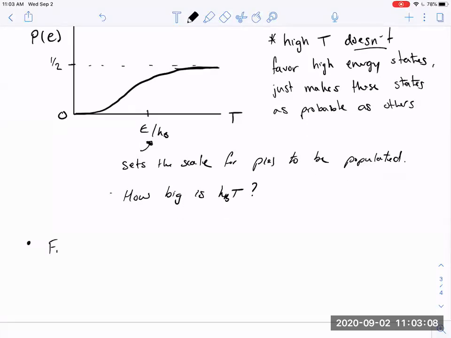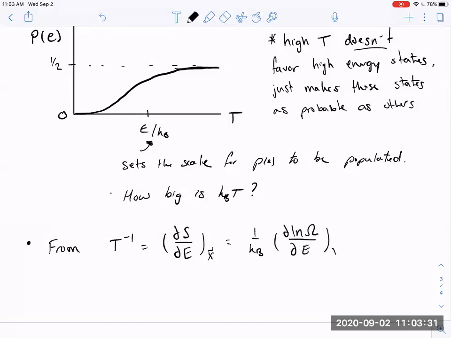Now, from our definition, that T inverse is how the entropy changes with energy at fixed mechanical variables, which is nothing but, in units of Boltzmann's constant, how the number of states changes with energy.